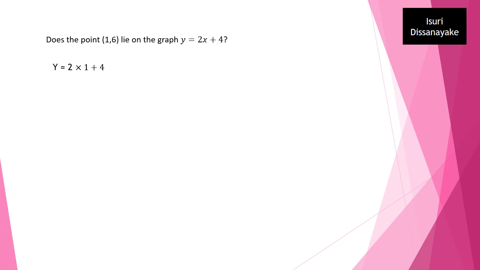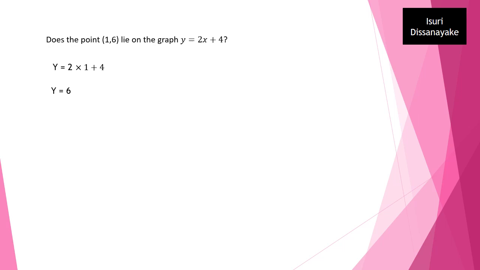So y equals 2 times 1 plus 4. 2 times 1 plus 4 is 6. So y is equal to 6. Yes, you can see that when you input 1, your output is 6. That means the point (1, 6) lies on the graph y equals 2x plus 4.